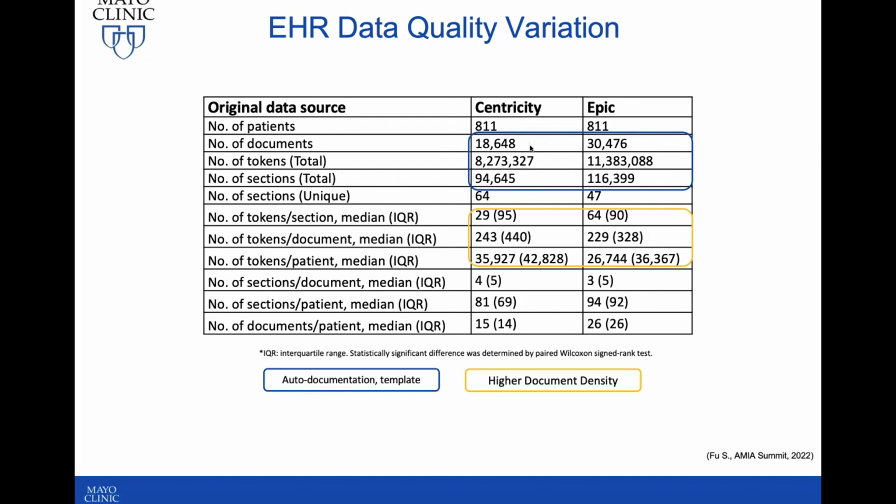But if we look at the number of tokens per section, tokens per document, and tokens per patient, Centricity is actually significantly higher than EPIC, indicating original Centricity notes have higher information density compared with EPIC. Although the total volume increased, the density gets sparse. So this also has implications for NLP system processing and development.